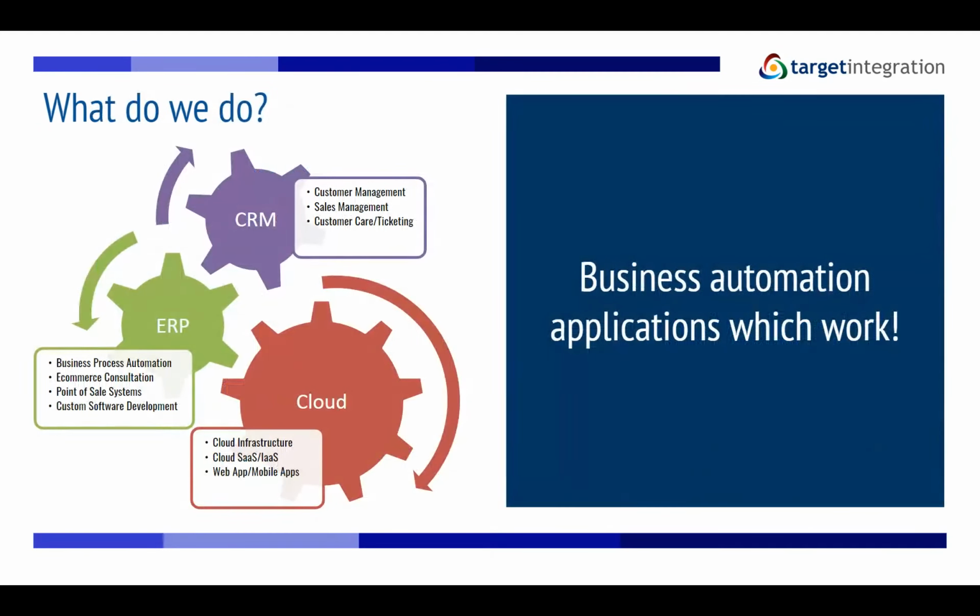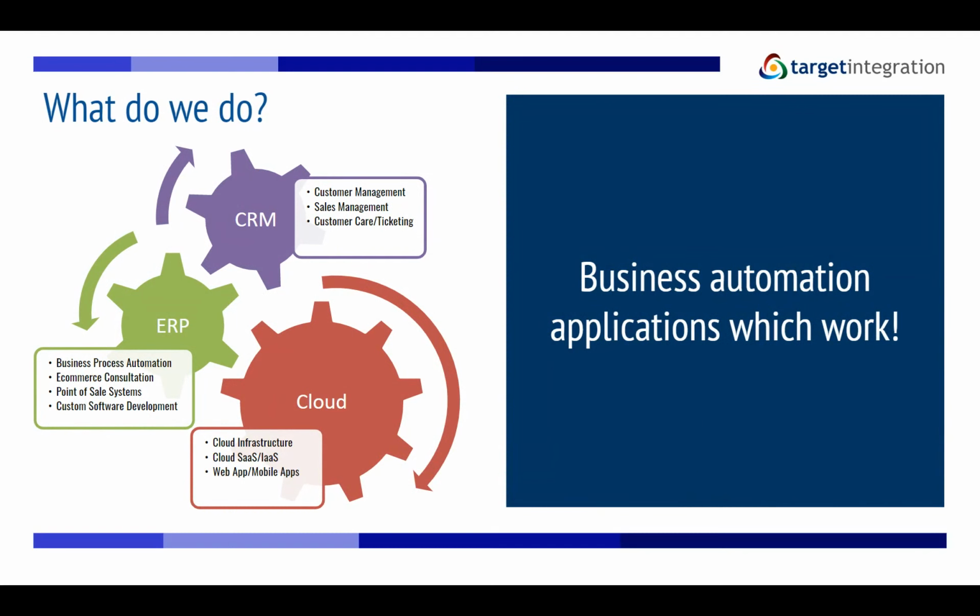So what do we do exactly? We specialize in CRMs, in ERPs, and also cloud. CRM stands for Customer Relationship Management System. So we would implement and integrate this for our clients. This focuses on customer management, sales management, and customer care and ticketing.